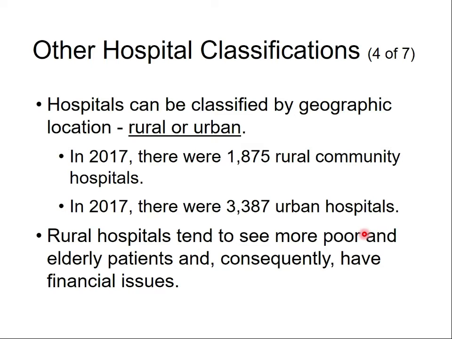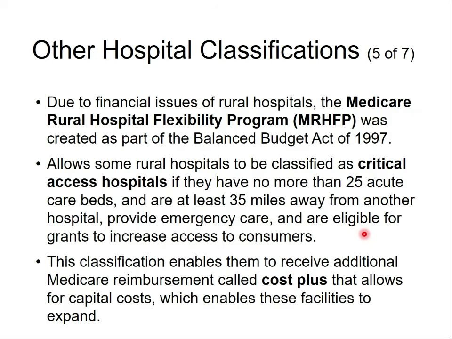Rural communities have hospitals that tend to see more and more poor and elderly patients, and they also sometimes tend to have certain financial problems. But this is something that the government has recognized and put certain measures to make sure that these communities are also served.